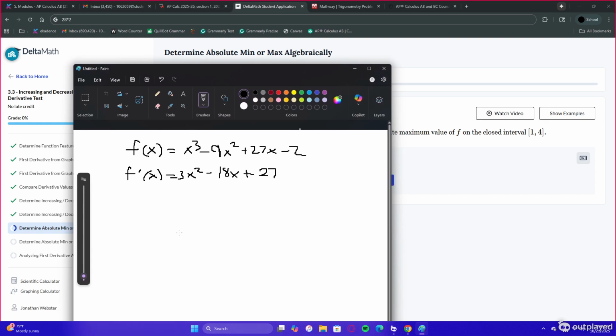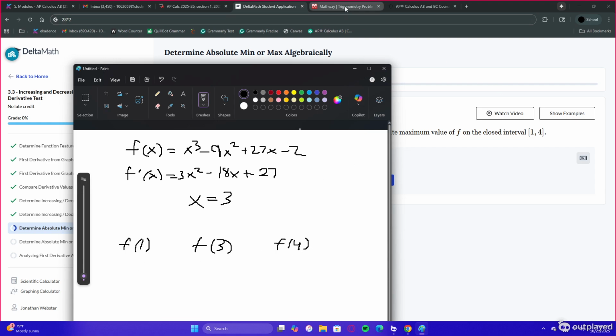Okay, and if you solve for x here, the only x you would get is x equals 3. And that's on our interval, so we can check that point. So f of 1, f of 3, and f of 4 would be the points that we're checking.